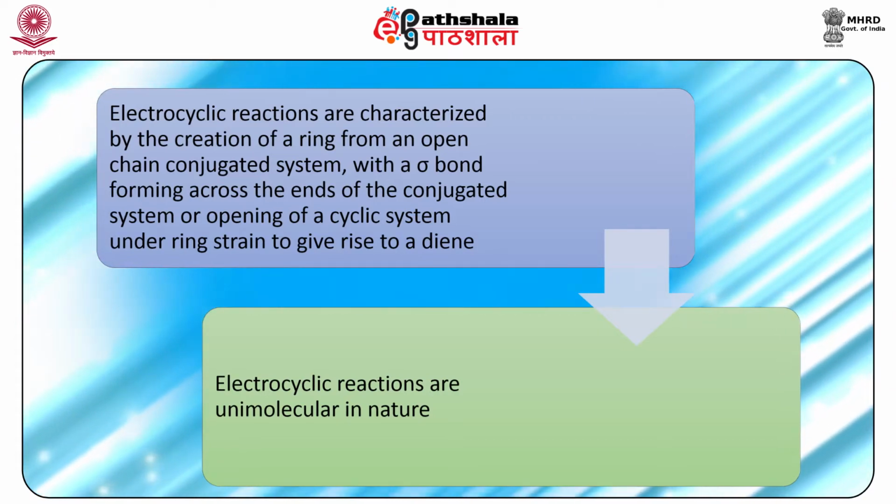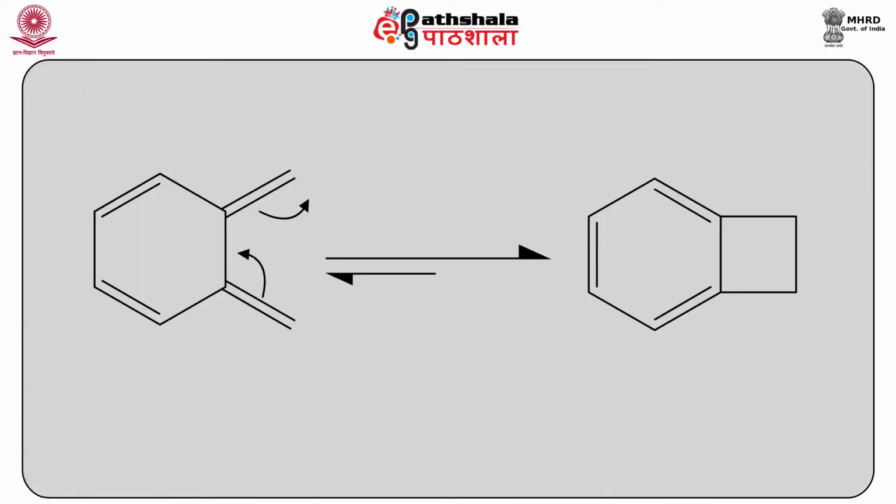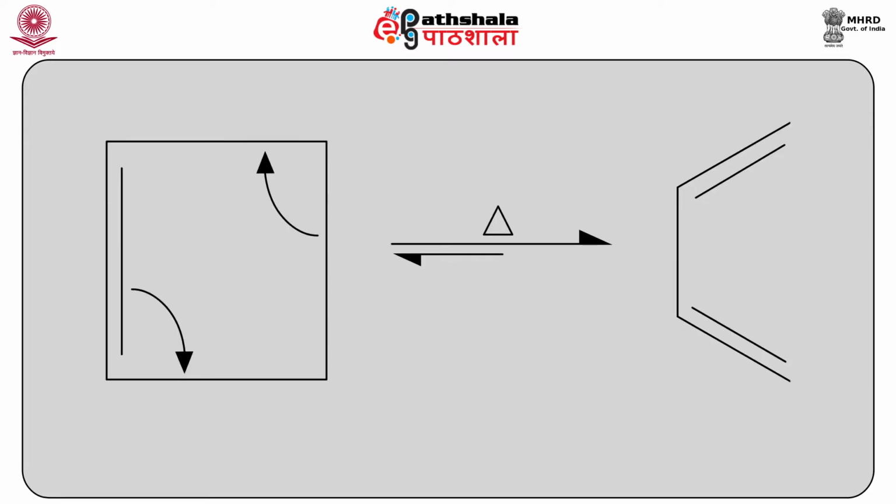Electrocyclic reactions are unimolecular in nature. As you can see, the first reaction shows a ring formation, a four-membered ring formation, while the second reaction shows ring opening to generate a diene.